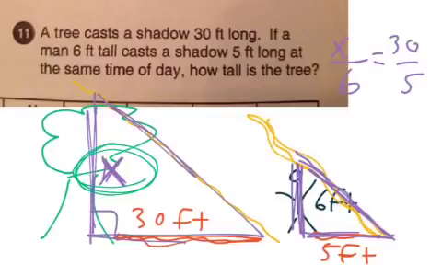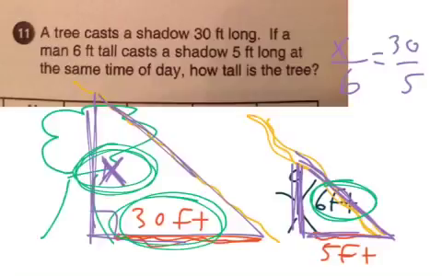I'll use green now. Again, I took x from the bigger triangle, the tree that is, and I compared it to how tall the guy was, which was 6 feet. And they are what we call corresponding, right? And of course, I took the shadow for the tree, which is 30 feet, and matched it up with the shadow of the guy, which is 5 feet.